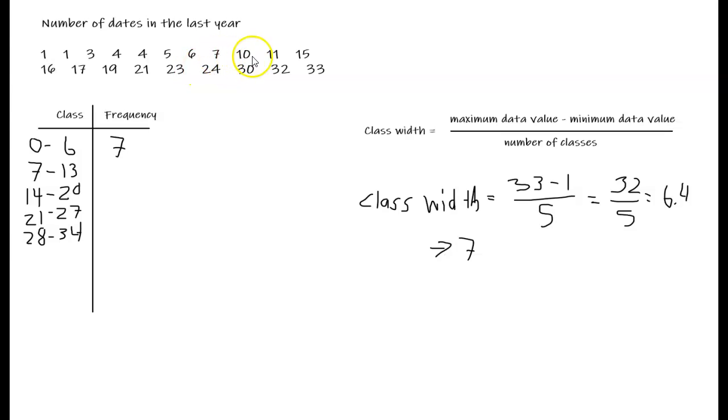That would be 1, 2, 3. 14 and 20. 1, 2, 3, 4. 21 and 27, 1, 2, 3, and 28 and 34, which is 30, 32, or 33. That should be 3. So let me make sure I did this right. 7, 3, 4, 3, 3. That's 20. The total there should be 20. And that is my frequency distribution.